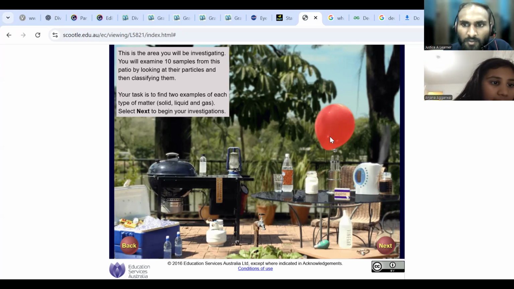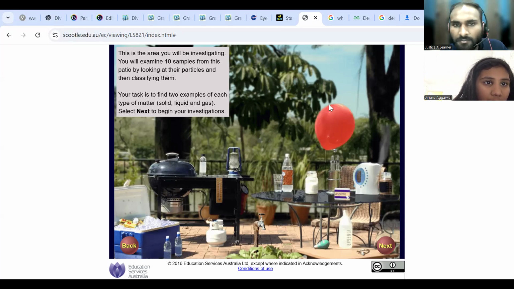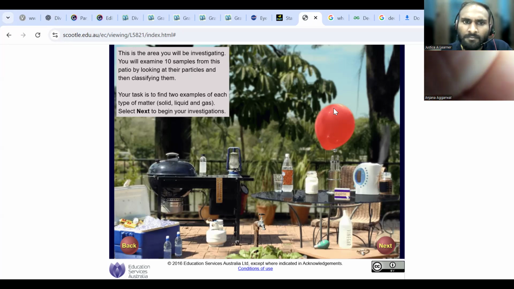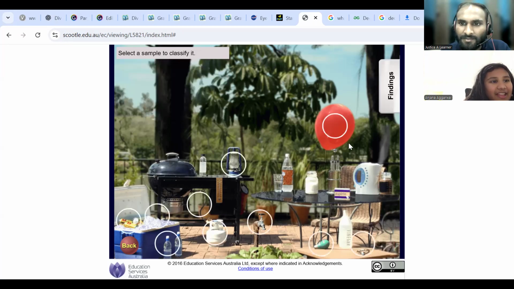So this is the balloon. You may pick it. Tap on it, because you're not using a mouse.